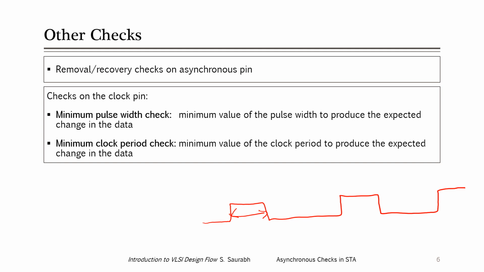The other is the minimum clock period check. The clock period that we give at the clock pin should be greater than some minimum value that is specified in the library. If these checks are violated, then the flip-flop will not produce the data as expected.